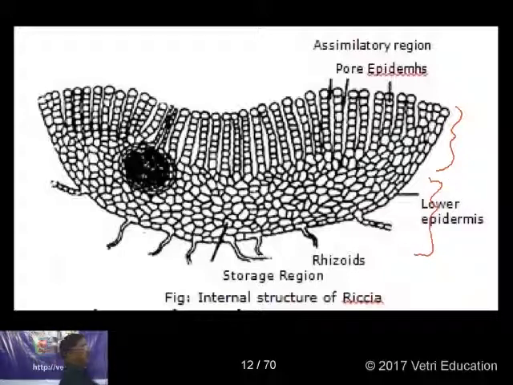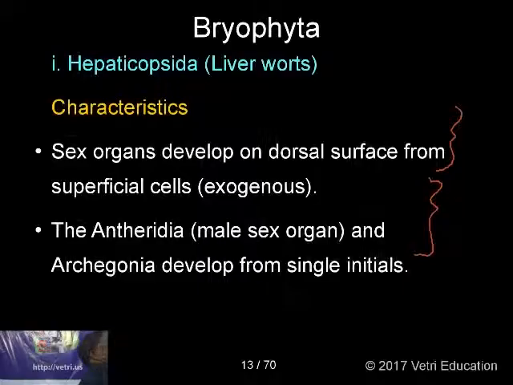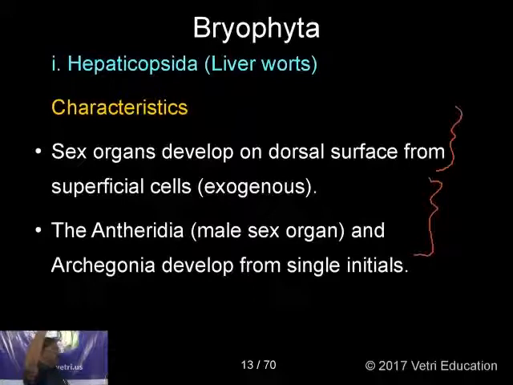Here photosynthetic filament-like structures are formed, and the end cell does not have chloroplasts and forms the upper epidermis. In between, you have air pores. These air pores help in the exchange of gases. Next, regarding the characters, the sex organs develop on the dorsal side.